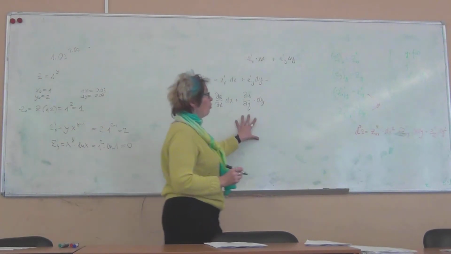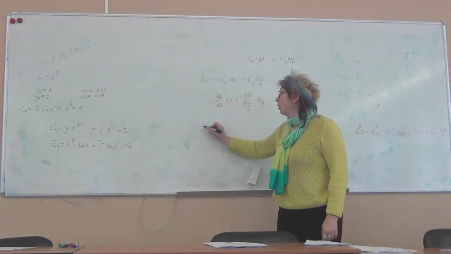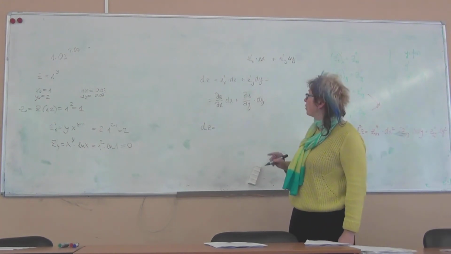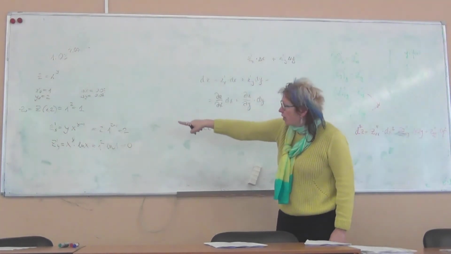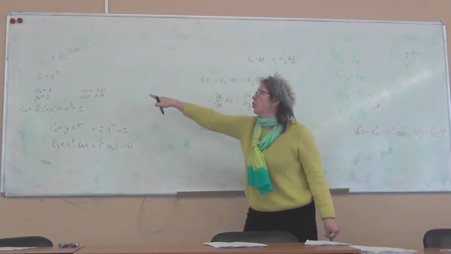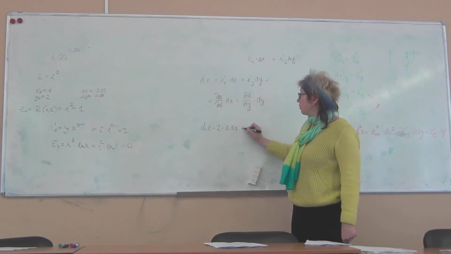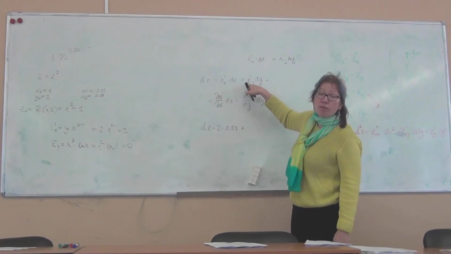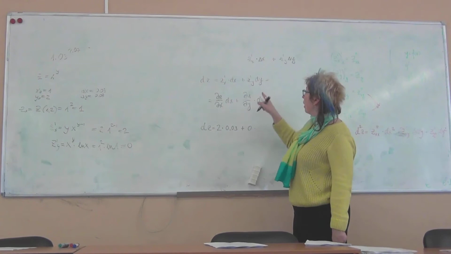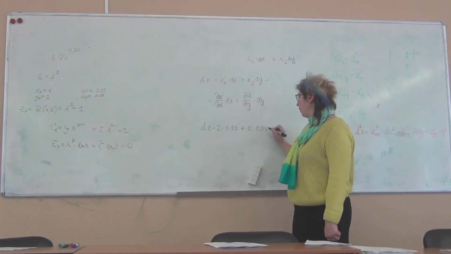And now I take the formula of the exact differential and put these numbers in. So my dz, the exact differential, is z derivative by x, which is 2, times delta x, which is 0.03, plus the derivative by y, which is in this case 0, times the delta y, which is 0.07.